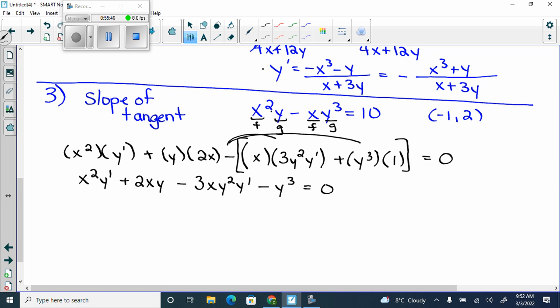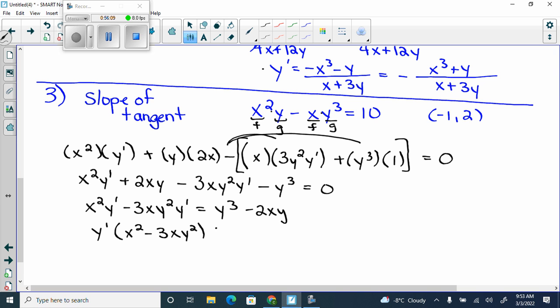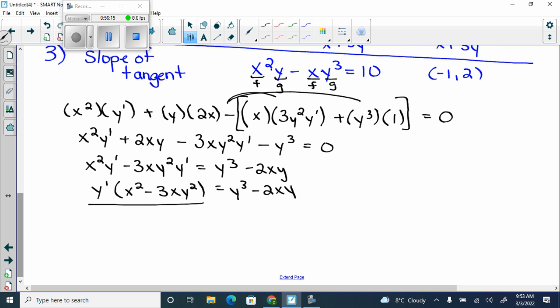Then you have to get everything with a y prime on the one side. So you get x squared y prime minus 3xy squared y prime equals y cubed, added over, minus 2xy. Then you have to take a y prime out, and you're left with x squared minus 3xy squared. And divide it over.